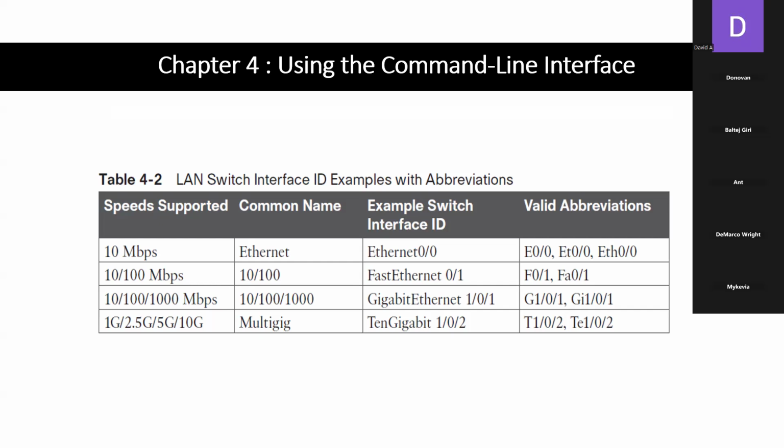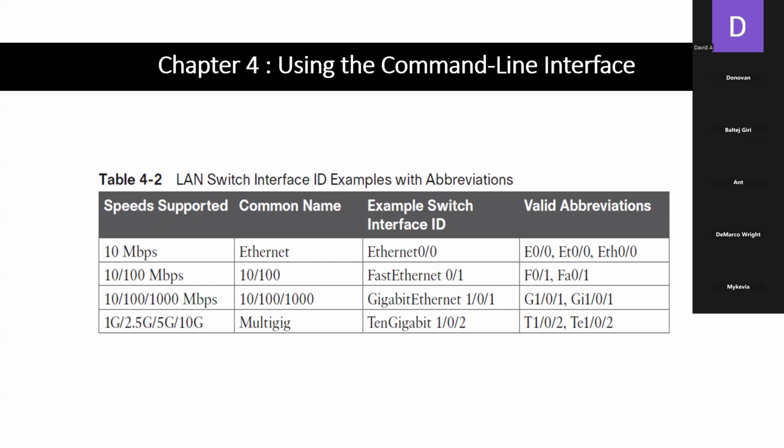Quick Easter egg: if you were consoled into, or using a virtual terminal to log into, a Nexus switch, all the ports, even though they support 10 gigabits, not 10 megabits, 10 gigabits, are going to have the interface ID of Ethernet. It's a quick little Easter egg. The valid abbreviations for an Ethernet port will be E0/0, ET0/0, ETH0/0. So what do these abbreviations mean?